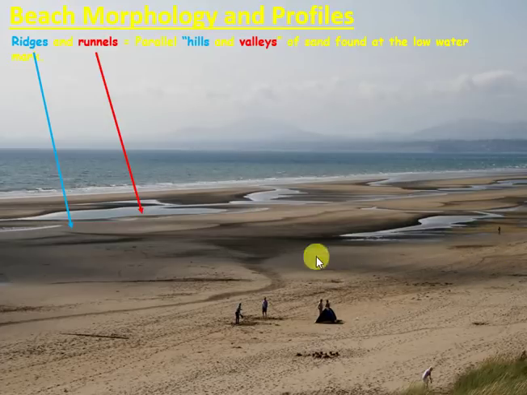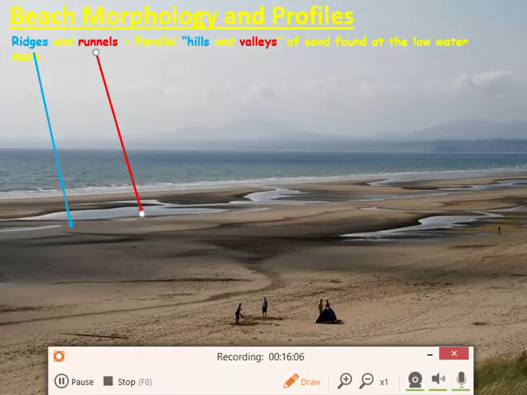Yeah, you can see the runnels. It's where as the tide's gone out, the water has been trapped in a depression, so it can't drain back out to sea. And why has it been trapped? It's been trapped because of the ridges. Alright, so if I draw the ridges, then there's one just here, and there, and there.